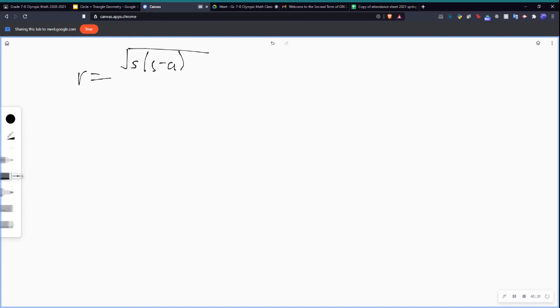Remember, this was a formula because we were given all three sides of the triangle, and we have to use Heron's formula to calculate that area. And we also have this divided by S. Write down S again.